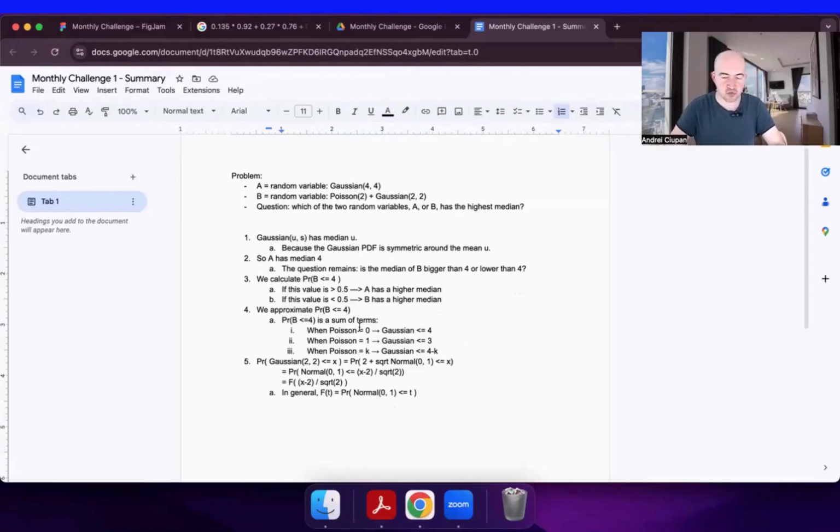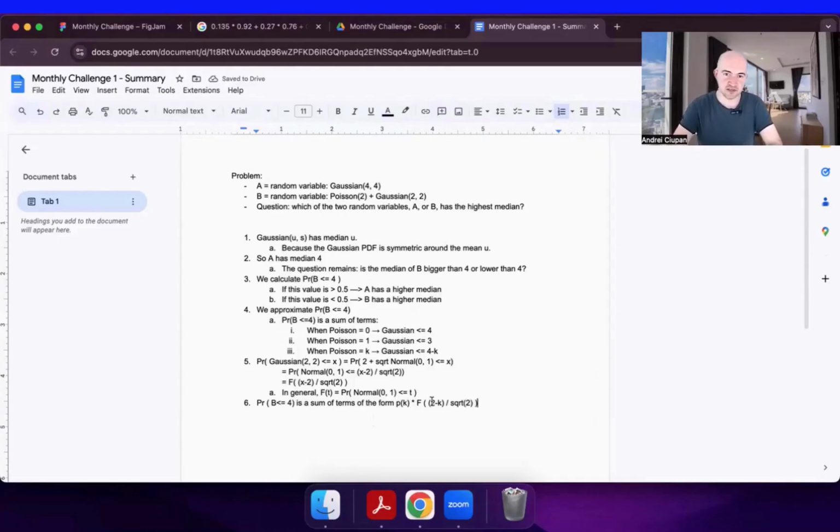So we have the exact values of the Poisson, and these values we can write as a function of the normal CDF, this F of t. So the probability that A is less than or equal to 4 is a sum of terms of the form Poisson of k times the normal CDF at 2 minus k divided by square root of 2.